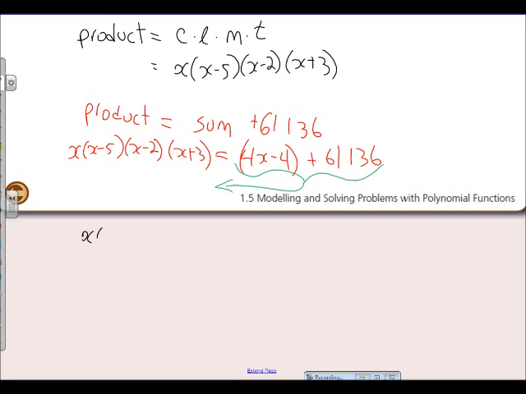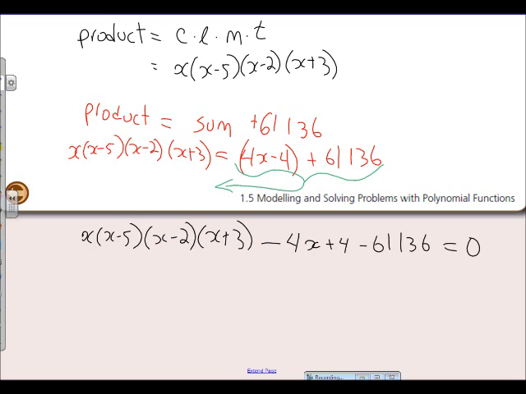So I get x times x minus 5 times x minus 2 times x plus 3 minus 4x plus 4 minus 61136. Well, I want to combine the 4 and the 61136, so that equals 0.